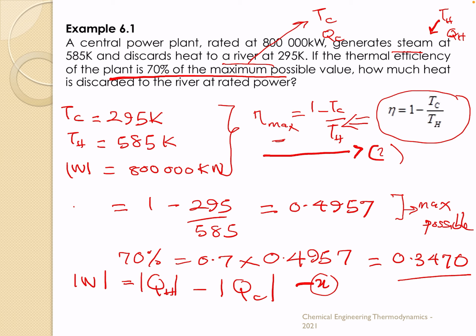From this, we can make QH the subject of the formula. We'll say QH equals W plus QC. Let's call this equation 3. All right, so moving on, another equation we've been given to describe thermal efficiency.